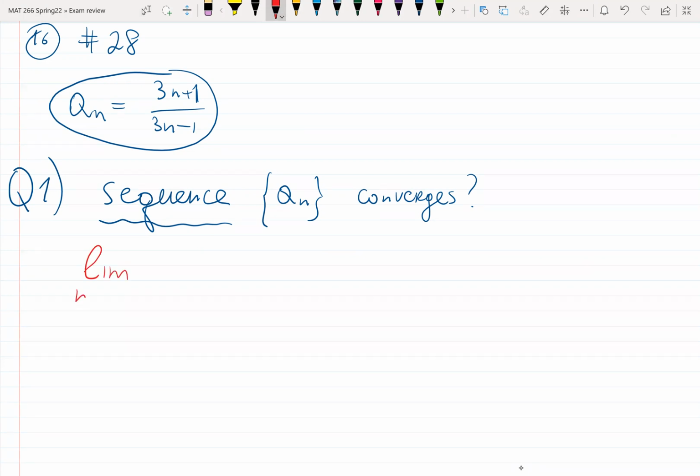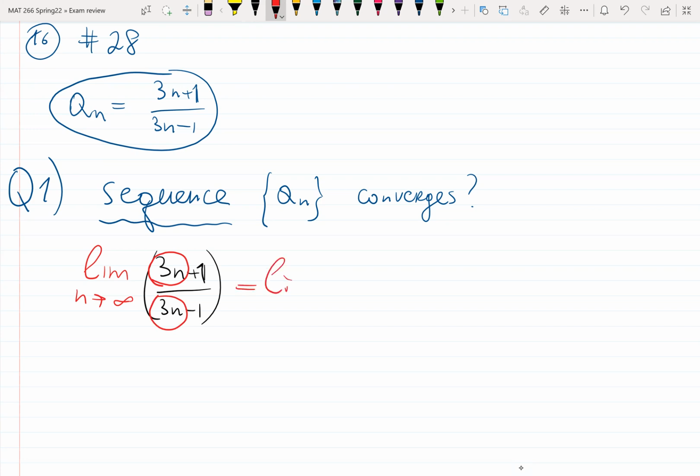The limit as n goes to infinity of, and you just plug in whatever we give you, in this case 3n plus 1 over 3n minus 1. That takes you back to the limit chapter. Remember how to do limits with polynomials. Find the leader of the top. That's how I teach it. 3n is the leader of the top. Find the leader of the bottom. 3n is the leader of the bottom of the fraction. Compare them.